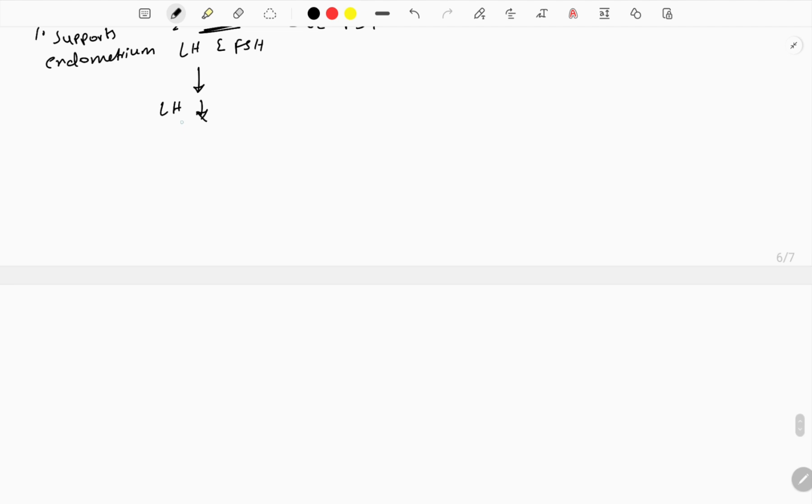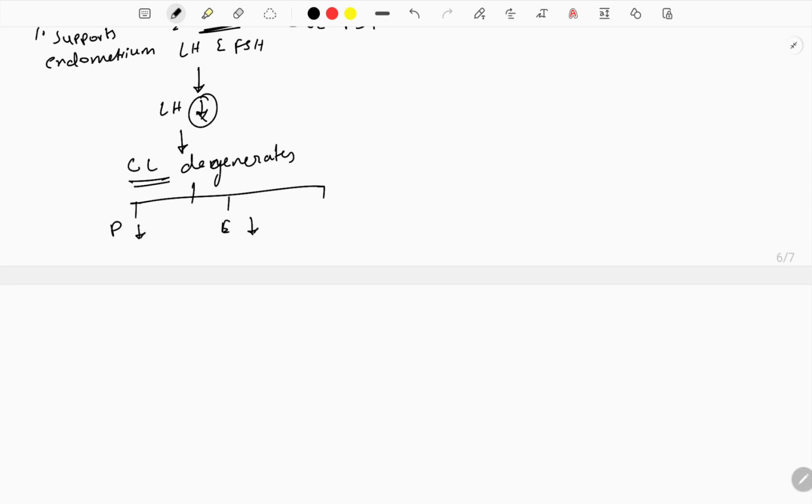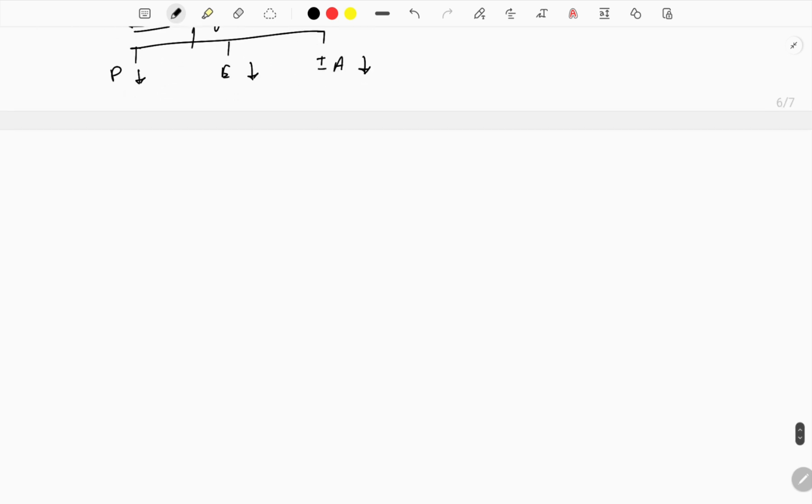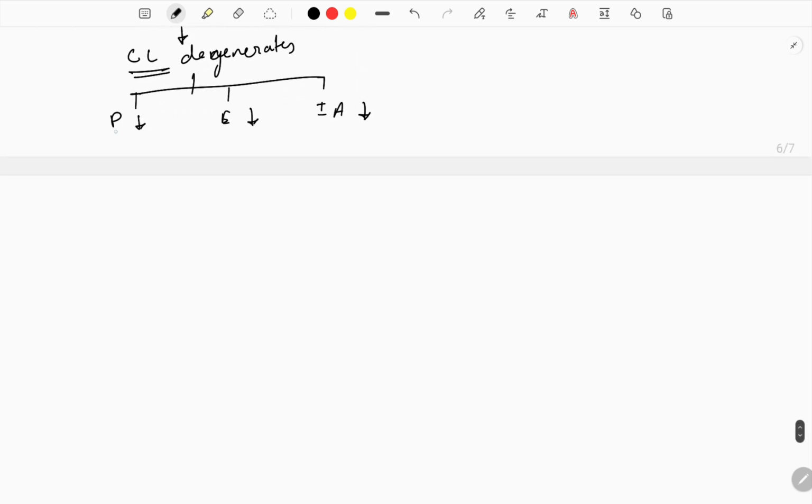So what happens? Because LH decreases, the corpus luteum degenerates. Because the corpus luteum is degenerating, progesterone decreases, estrogen decreases, inhibin A decreases. Now, because the progesterone is decreased, what happens?